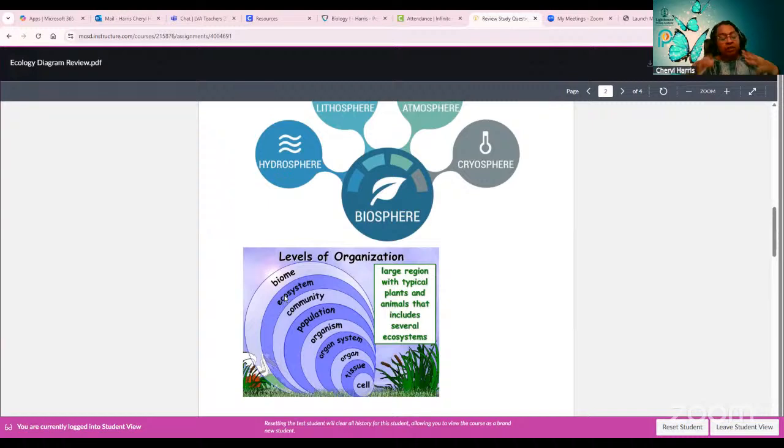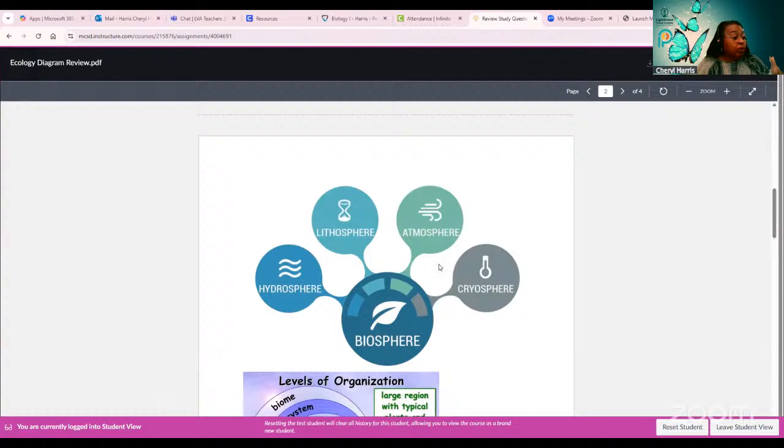And then there are several different ecosystems, depending on where they are in the world, that make up the biome. Each of the biomes are on the whole planet, and that's our biosphere. But depending on where you are on the biosphere, you've got different names for that too. Hydro, that's water. Those are the things that live in the water.